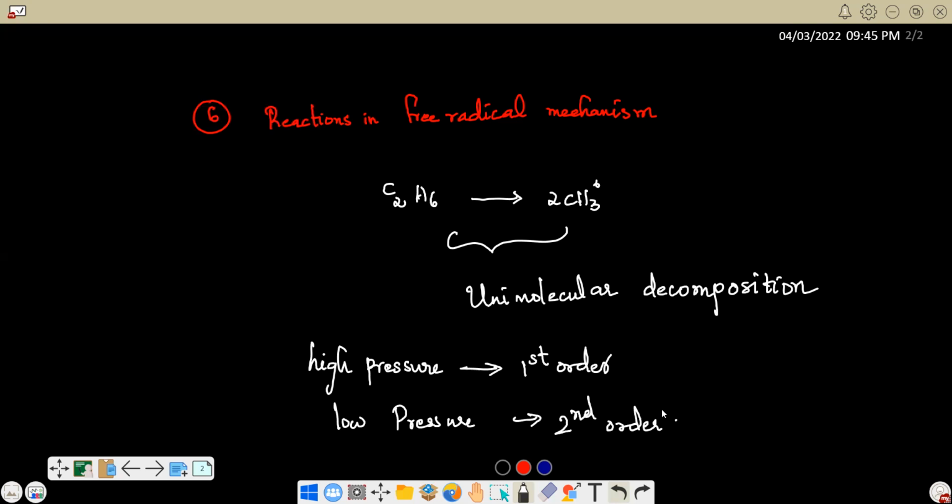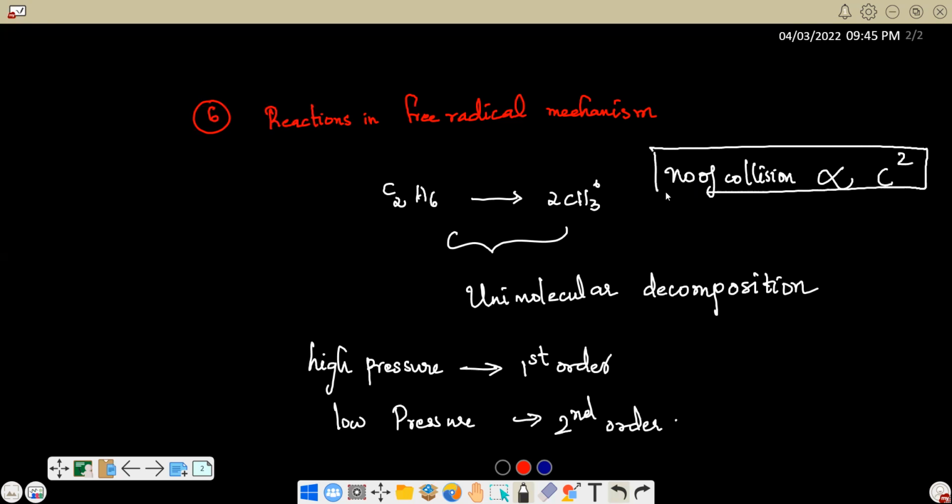By the process of collision, the activation of the molecules takes place. That means the reaction should follow second order kinetics. Why? Because the number of collisions is proportional to the square of the concentration.